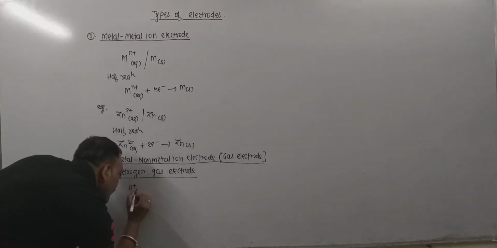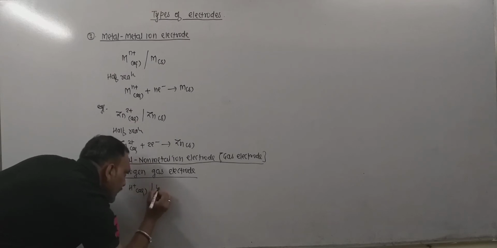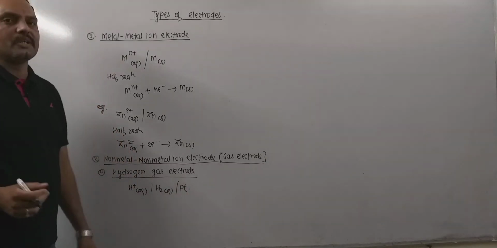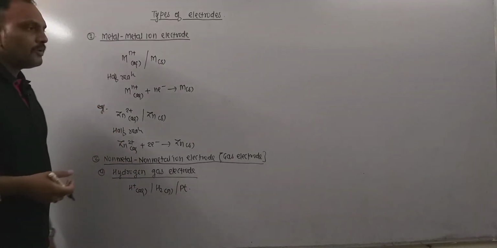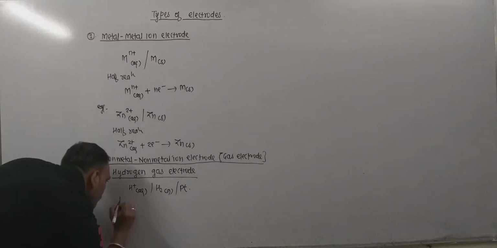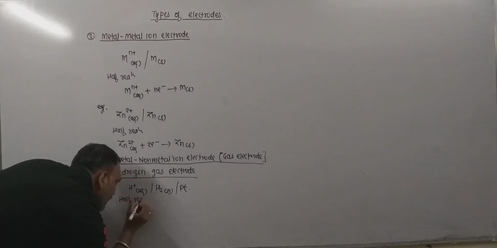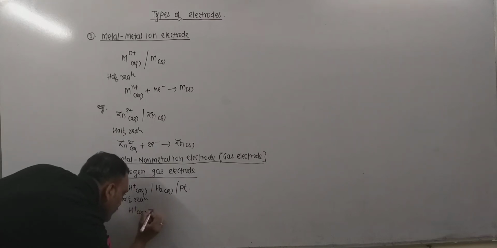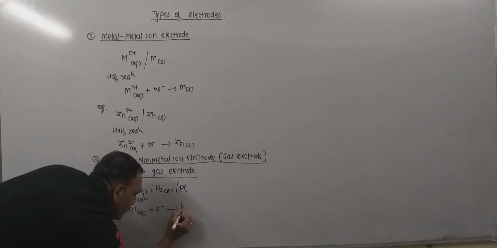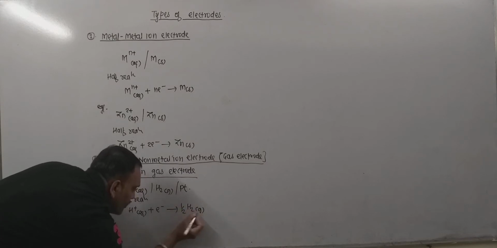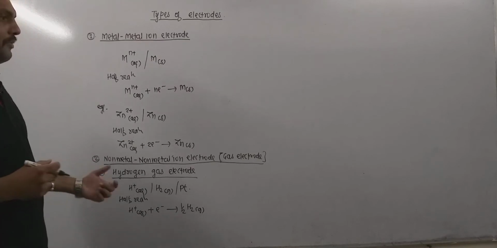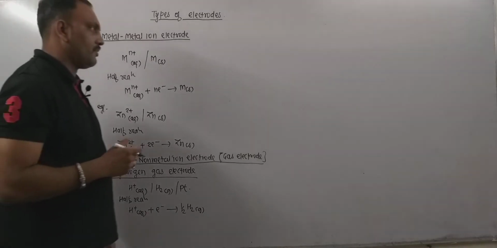So, H2 is bubbled at a certain pressure, and platinum is the inert used right here. Now, the half reaction for this is given as H+ aqueous plus electron gives half H2 gas. So, this is the reaction taking place at the given electrode, I mean the hydrogen gas electrode.